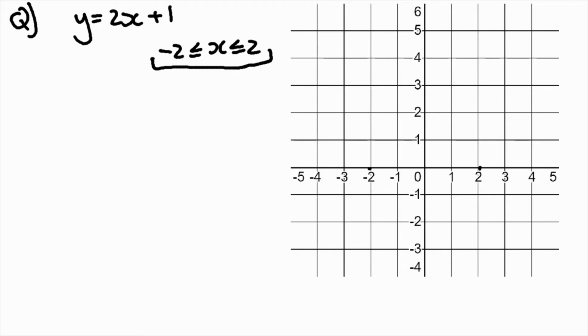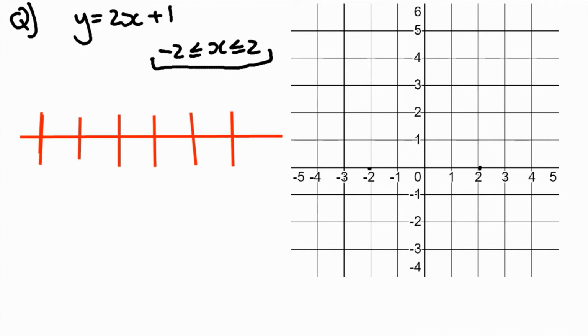Now the way I like to do this is by doing it in a table. So we are going to split up our x and our y's. So our x is going to go on top and our y is below.